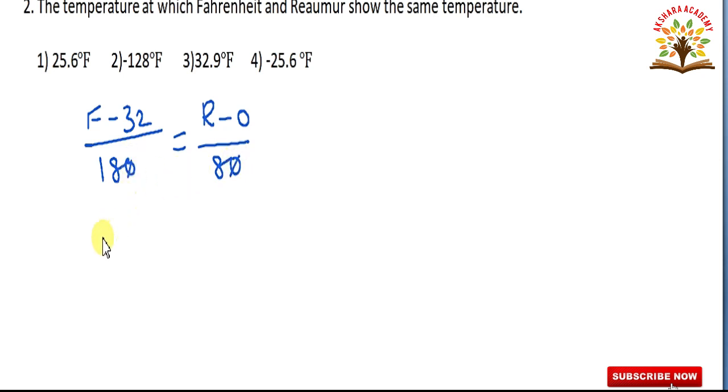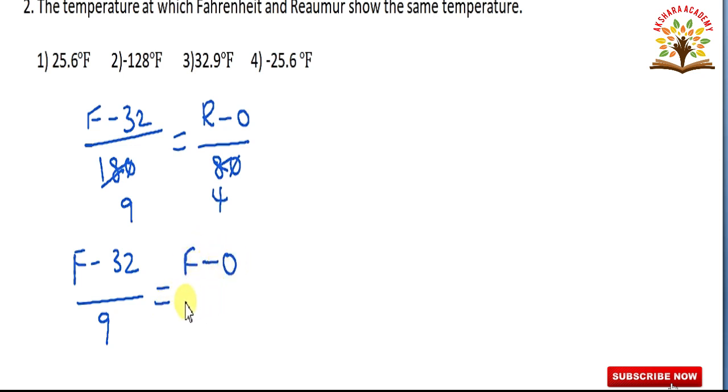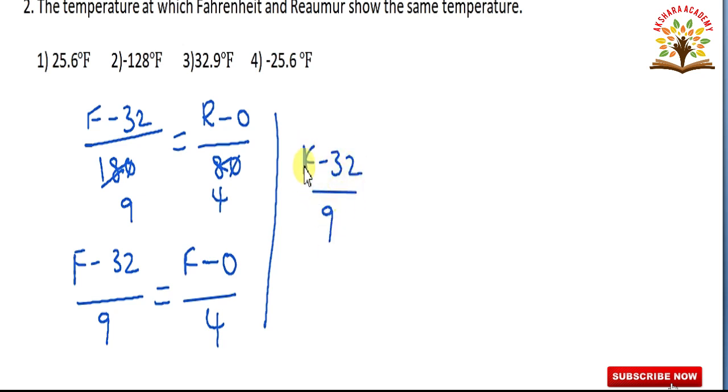The zeros cancel. Two 9s, two 4s. So (F minus 32) by 9 is equal to, in the place of R, (F minus 0) by 4. So (F minus 32) by 9 is equal to F by 4.